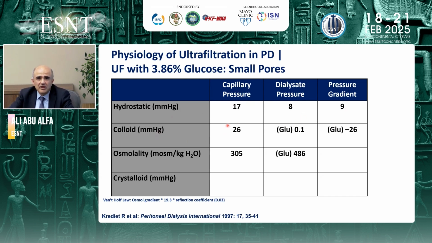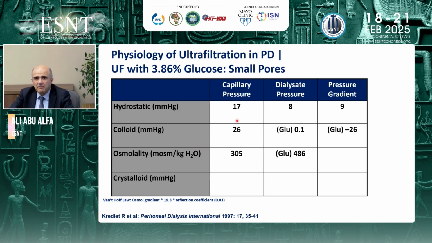The oncotic power of the albumin is 26 in the capillaries when we translate oncotic pressure to millimeters of mercury. Glucose-based solutions will be 0.1 without the glucose, and so we have minus 26 here, a negative gradient, so the pressure balance is negative against water movement normally.